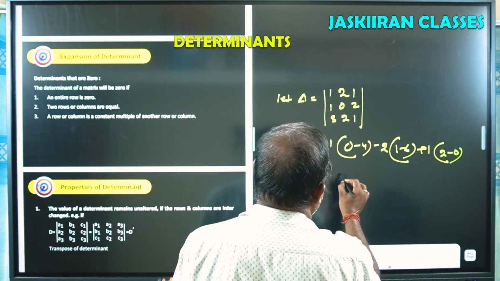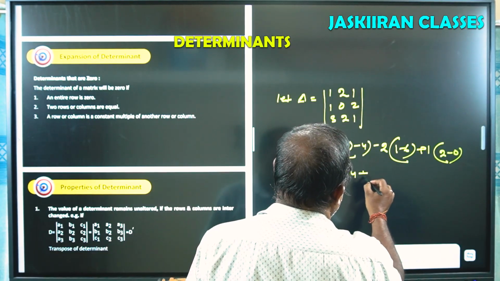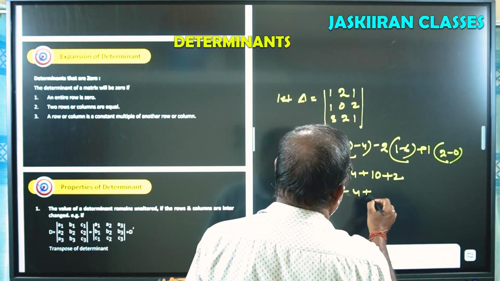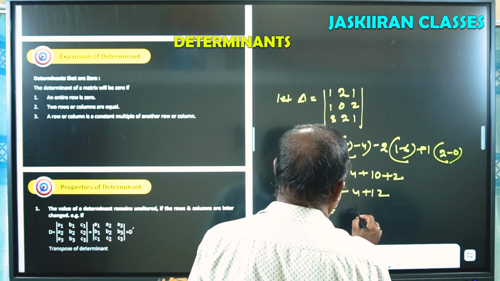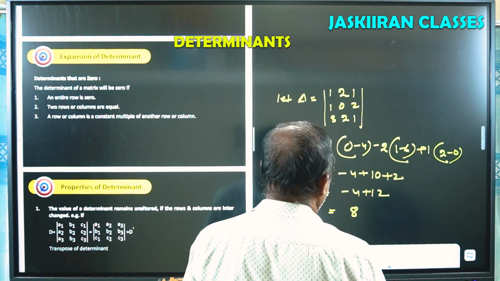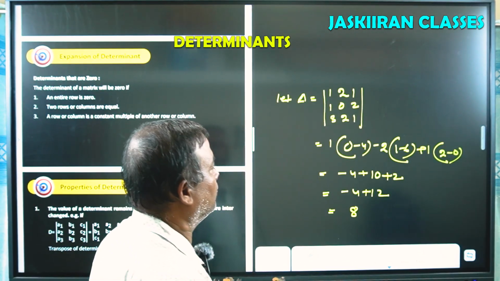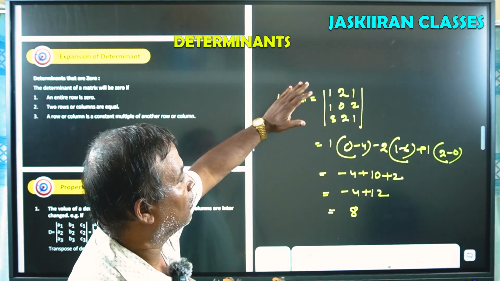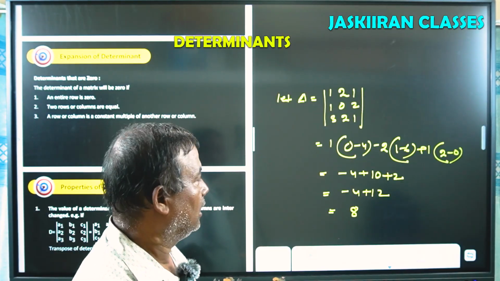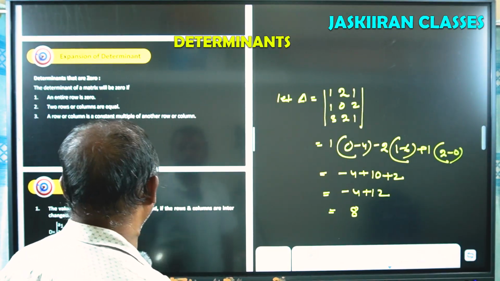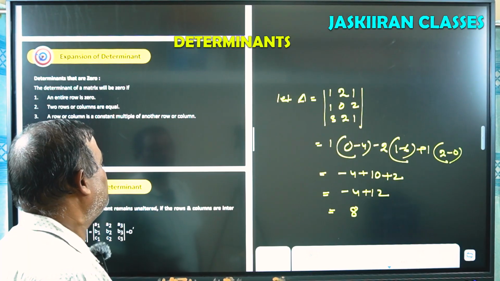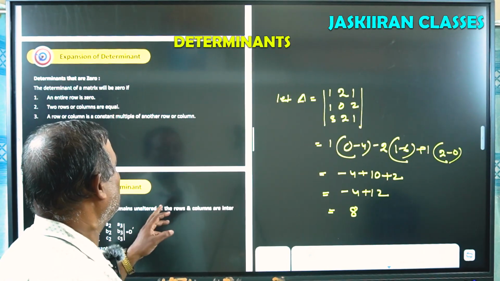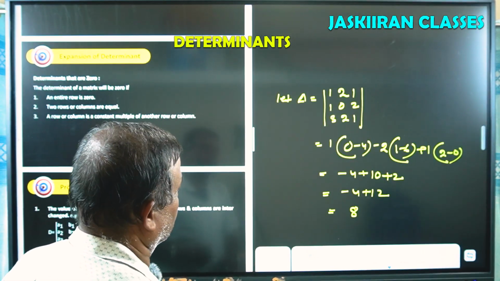So that is minus 4 plus 10 plus 2, that is minus 4 plus 12. We get the value of the determinant as 8. Expanding along R1, the value of the determinant we get is 8. So the property says that the value of the determinant remains the same if the rows and columns are interchanged.